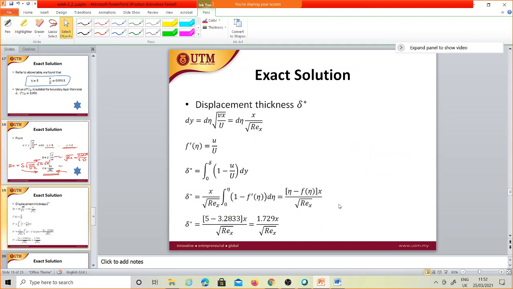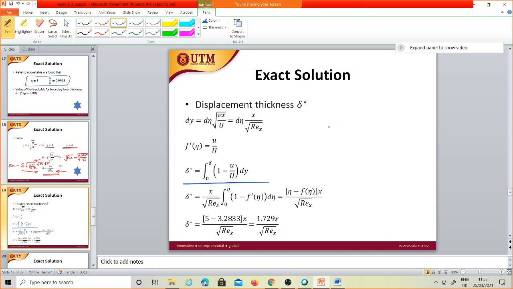In a similar way, we can consider the displacement thickness. In the case of displacement thickness, you know this relationship, right? Delta star equals the integration from 0 to delta of 1 minus u by capital U, or u infinity, dy.